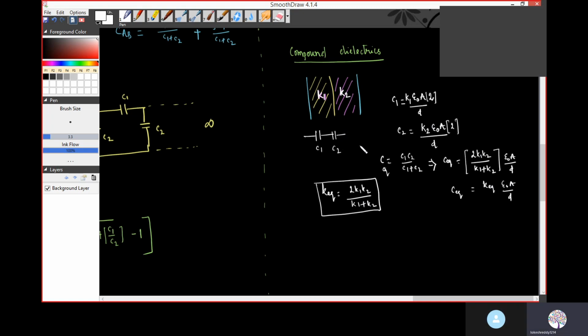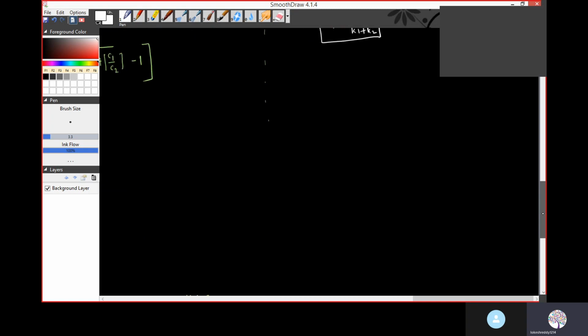Now, the other one is, let's say if we take like this. These two are plates, and here this is K1, and here it is K2.